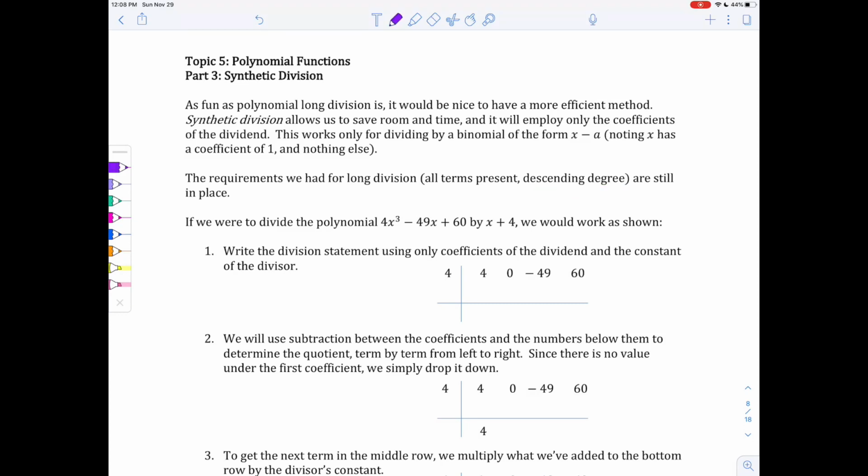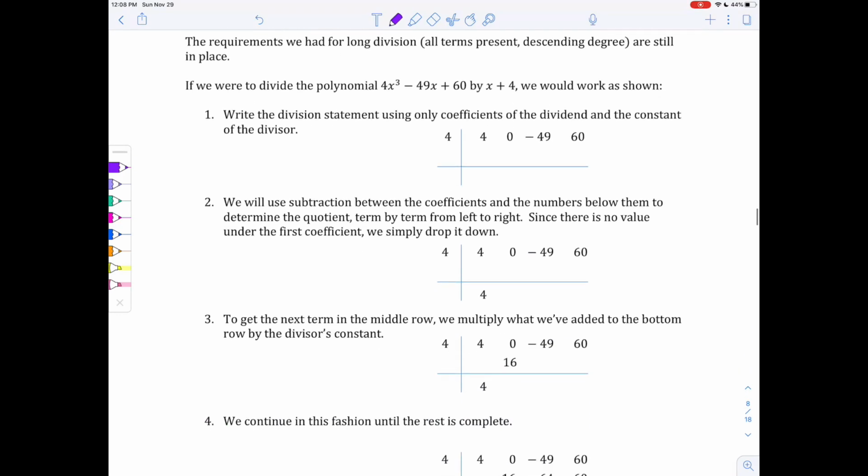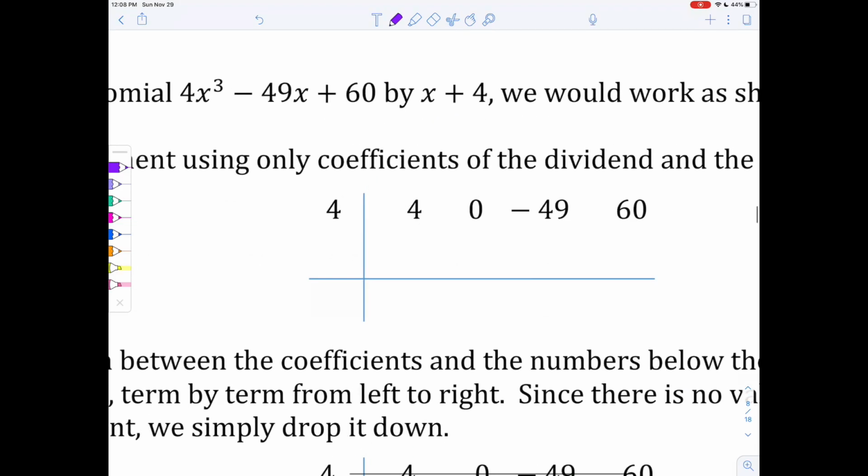Let's do this together. So we're going to divide this polynomial, 4x cubed minus 49x plus 60, by x plus 4. The first thing that you want to do is write this stuff here. What we have over on this side, this 4, this 0, this negative 49, and 60, are all the coefficients of the terms in our dividend.